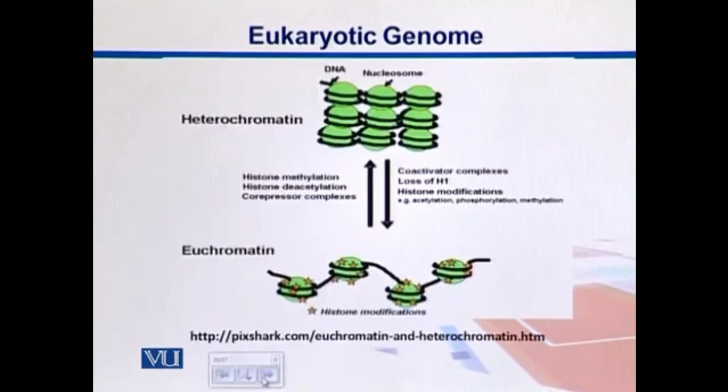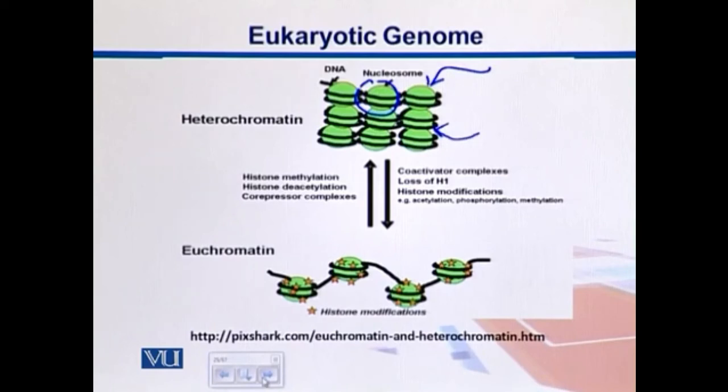Here is the diagram in which we can see the relationship between heterochromatin and euchromatin. Look at these nucleosomes, which as we have seen earlier are combinations of DNA and histones. They are quite jam-packed with one another. So obviously it's hard for the enzymes to access the DNA embedded in between.